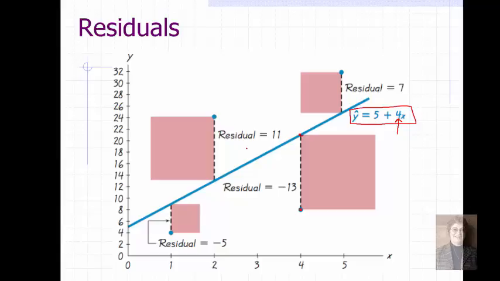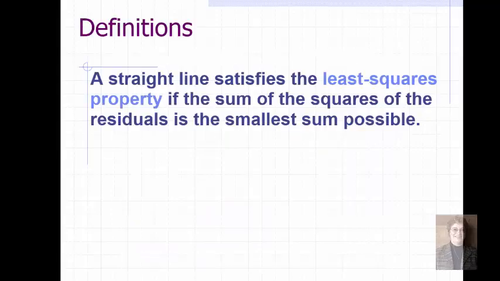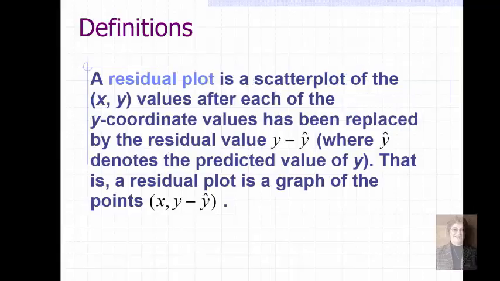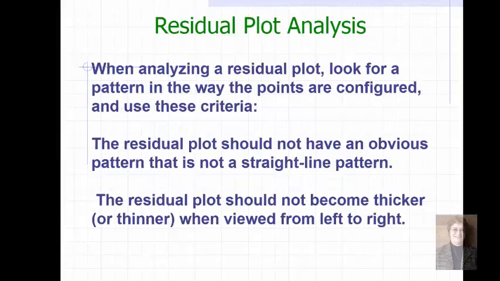And usually if we're going to do any math with the residuals, we square them to get rid of those signs. And we already found the line of least squares regression, and that makes the sum of the squares of the residuals as small as possible. So what we do is we actually can plot the residuals, and it does give us some information, but we're not going to physically do it.